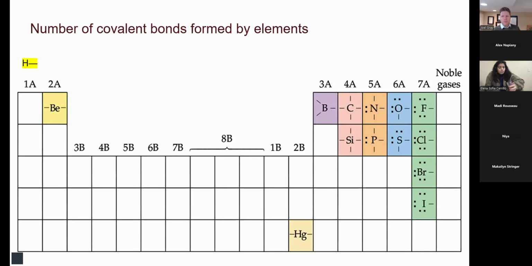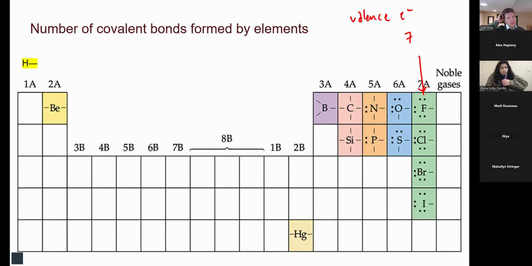Okay. Now, numbers of covalent bonds formed by different elements. This isn't something to memorize, but instead what I would think about is, what does this relate to? This relates to valence electrons. How does it relate to valence electrons? Well, let's think about it. How many valence electrons does fluorine have? 7.